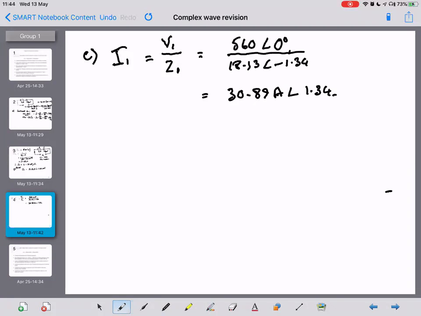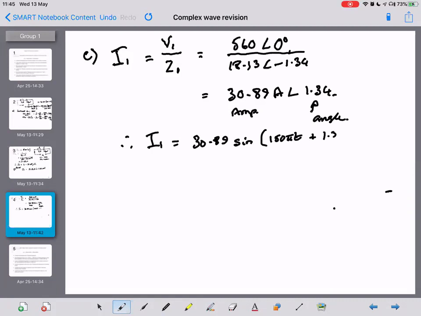So this is the amplitude, and this is the phase angle of the current. Therefore, I1 must be 30.89 sine, and then the omega was 150 pi times t, plus 1.34 radians of phase shift.